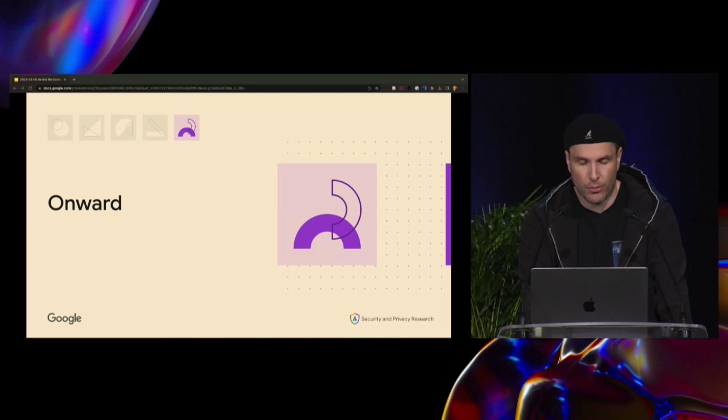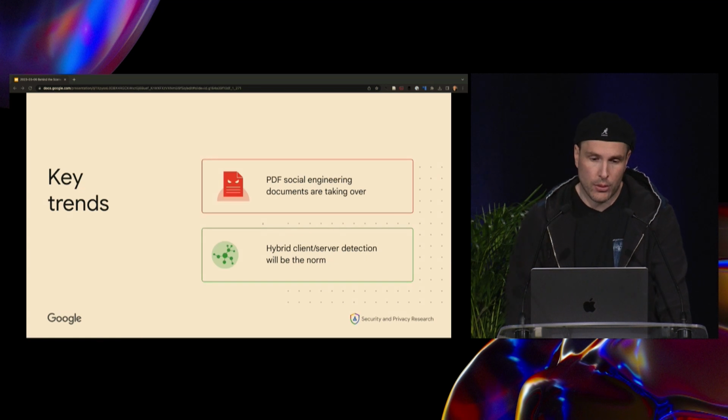Now in 2023, what else can be done? What has changed really? Two main things.